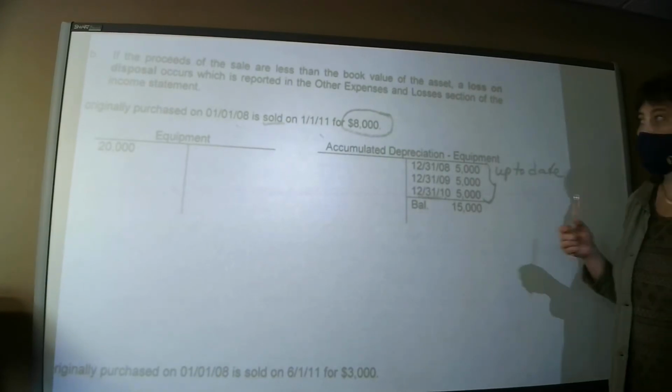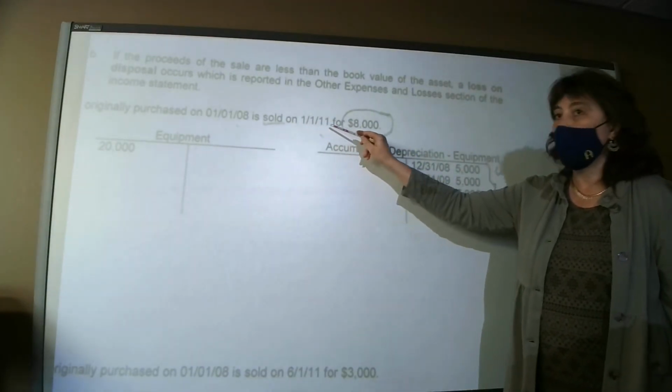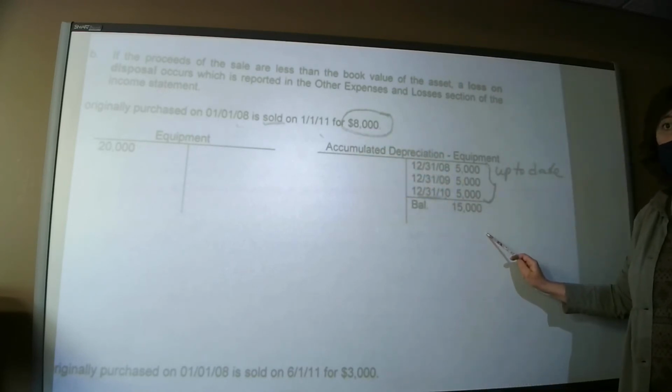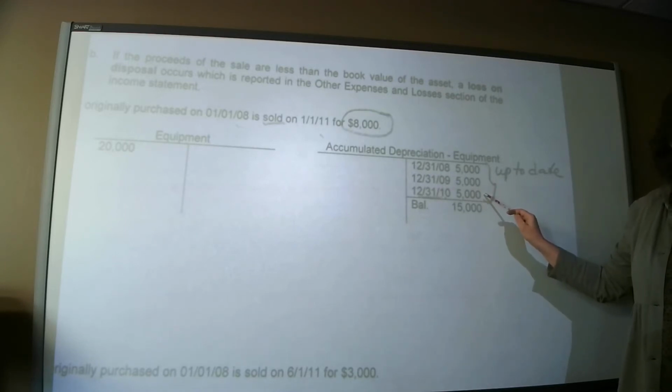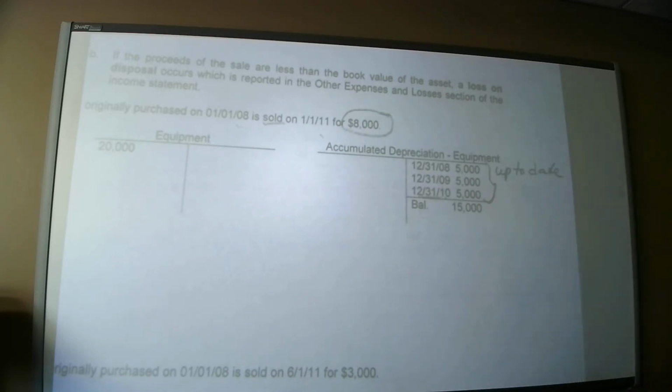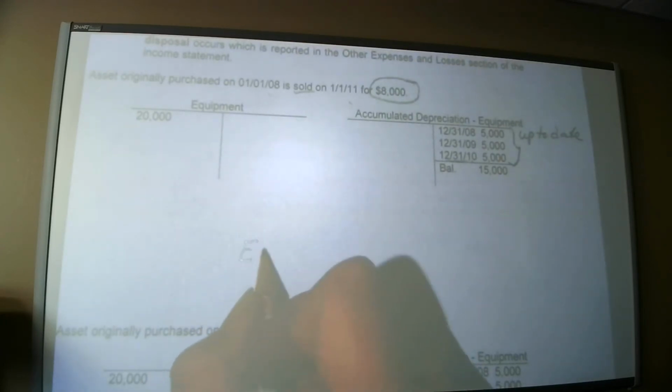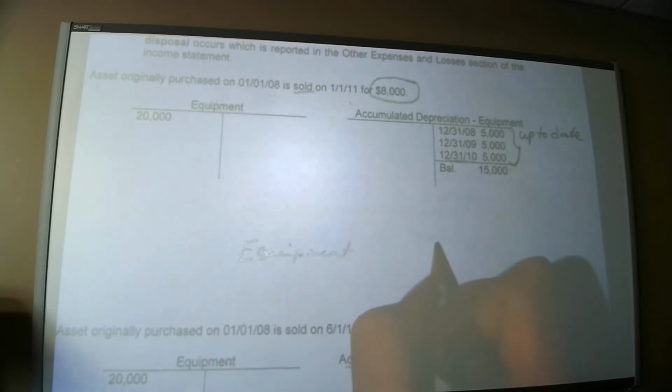If this date is not 1/1/11, you might have a partial year to account for first, before you can get rid of it. You'll see that too, but for now, we're good. So here I come to that ginormous journal entry. I always start with a credit to equipment, 20,000.